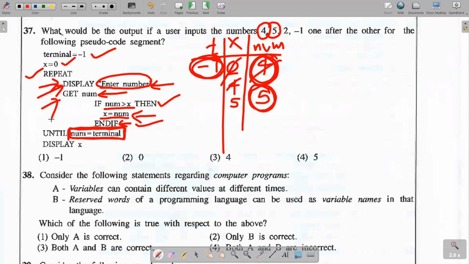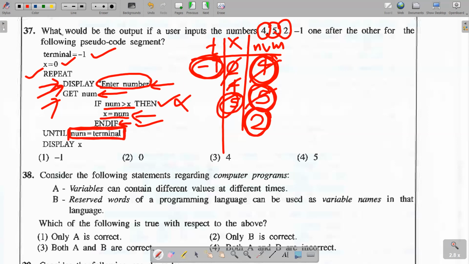Get num is going to provide you 2 now. That's the next one in the list. So this is going to be 2. So now it will ask if num larger than x. Num is 2, x is 5. So is num larger than x? I'm sorry, no, it's not. X is 5, num is 2, which is not larger.